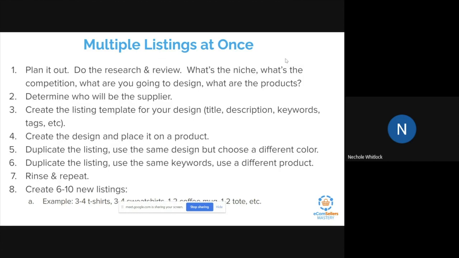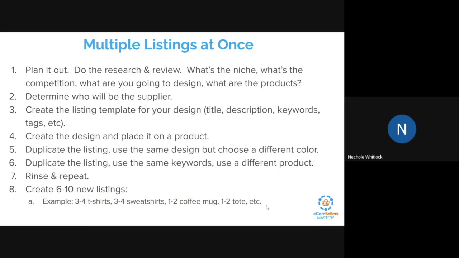What I want to do today is talk about a couple of other things as you think about creating your designs and your listings for your products. About 2 weeks ago, maybe 3, I talked through how you can list multiple products at one time using one design.